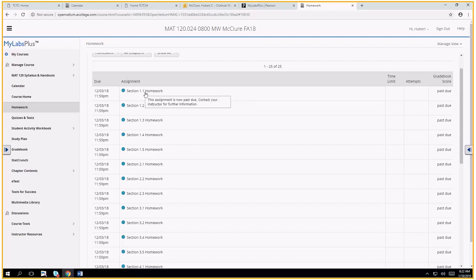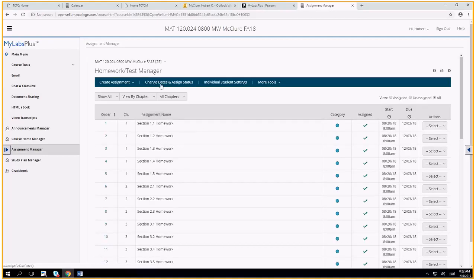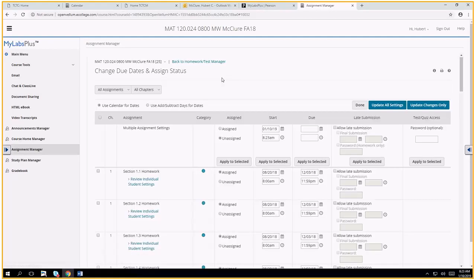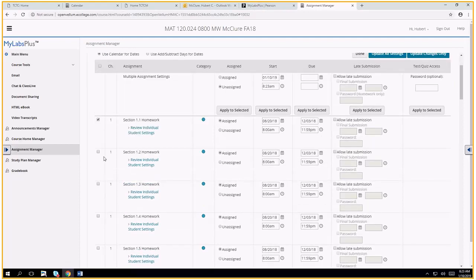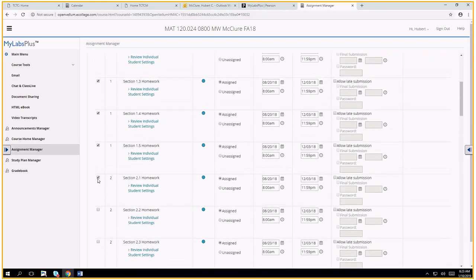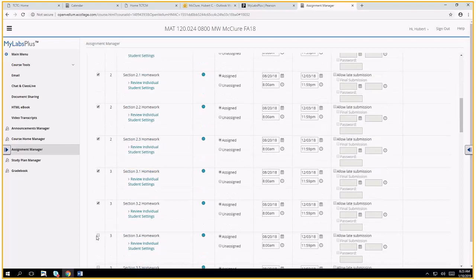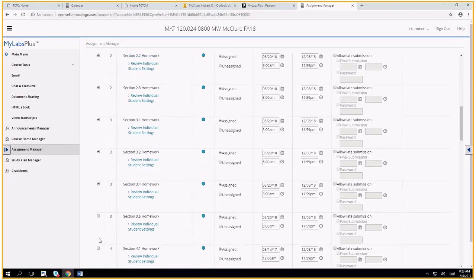When you click on the homework, now I've got to make it, hold on. I thought this was already done. Sorry about this. Let me fix it. I need to go ahead and do the test too, because I want to show you that. So I need to go here, 1.1, 1.2, 1.3, 4, 5, 6, 7, 8, 9, 10, 11, 12.